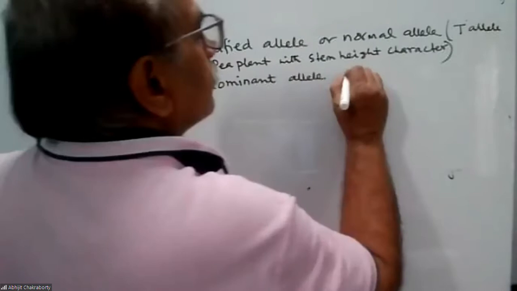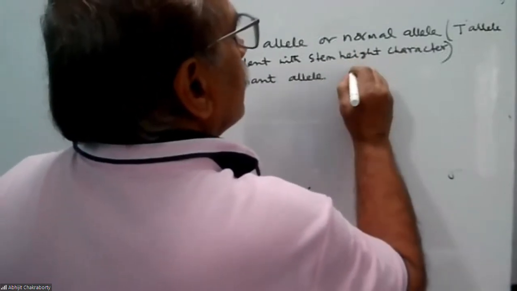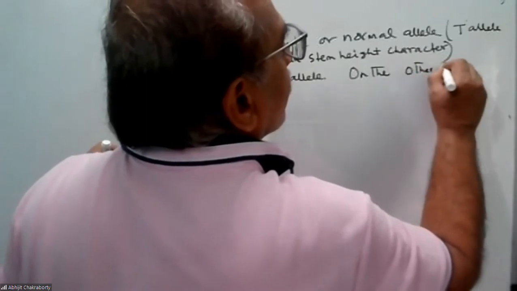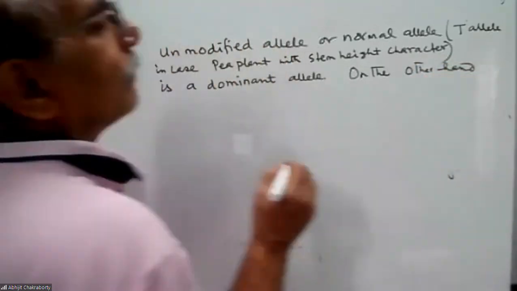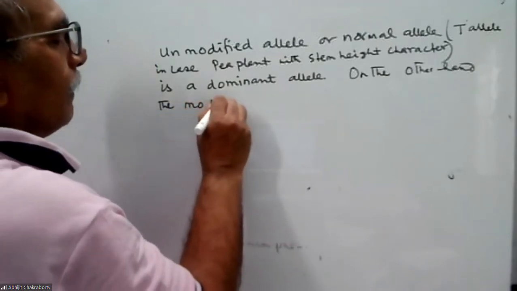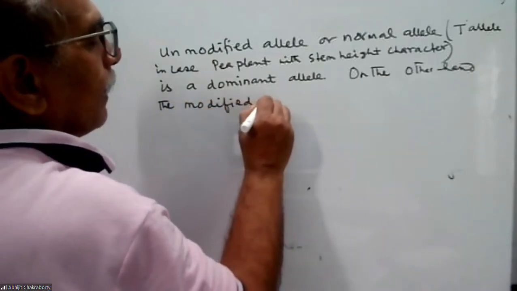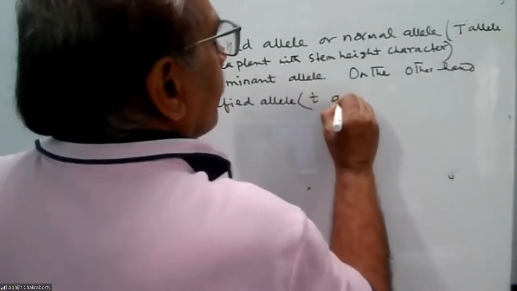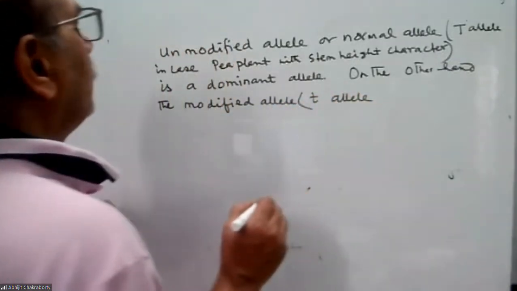Whereas, on the other hand, the modified allele, small t allele.